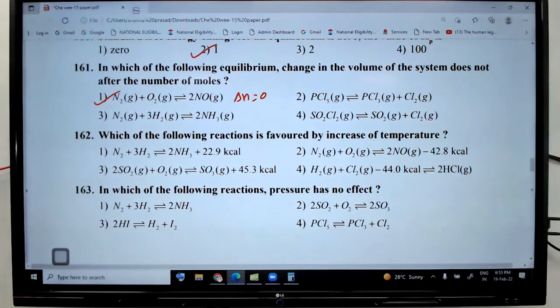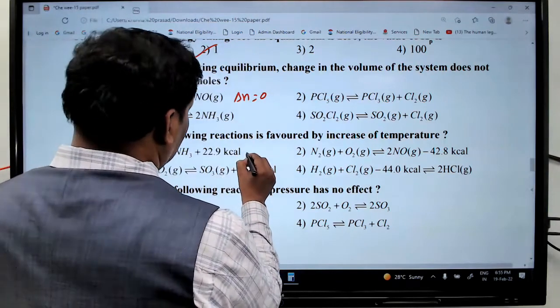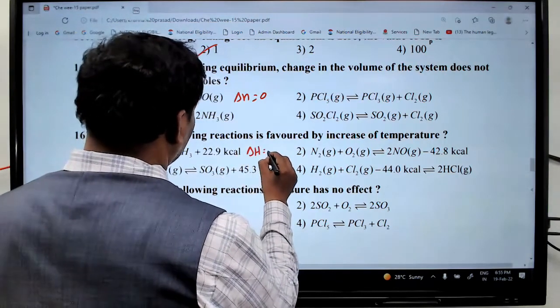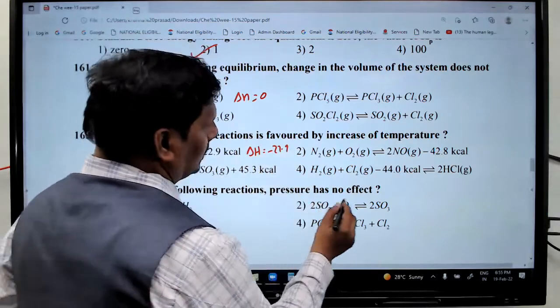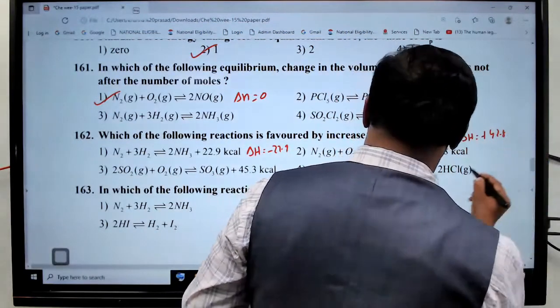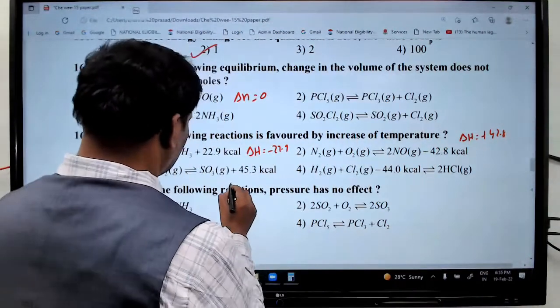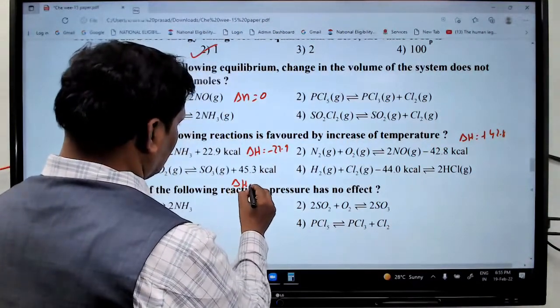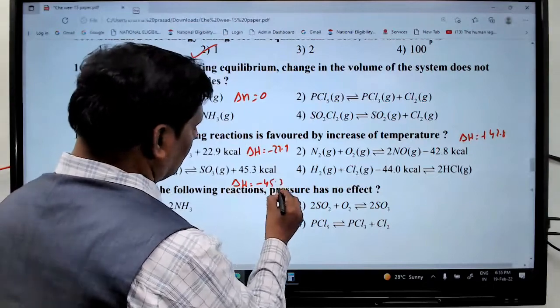Next, 162. Which of the following reactions is favored by increasing temperature? Increasing temperature favors the endothermic reaction. Suppose here delta H is equal to minus 22.9. Here delta H is equal to plus 42.8. Here delta H is equal to minus 45.3.